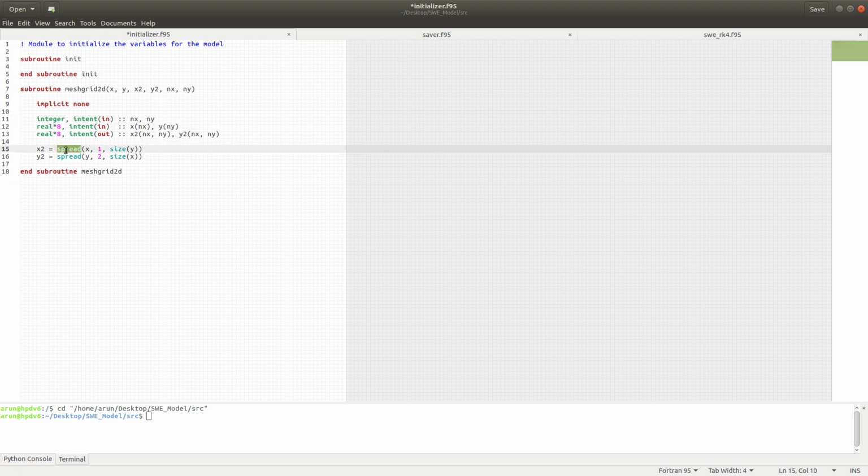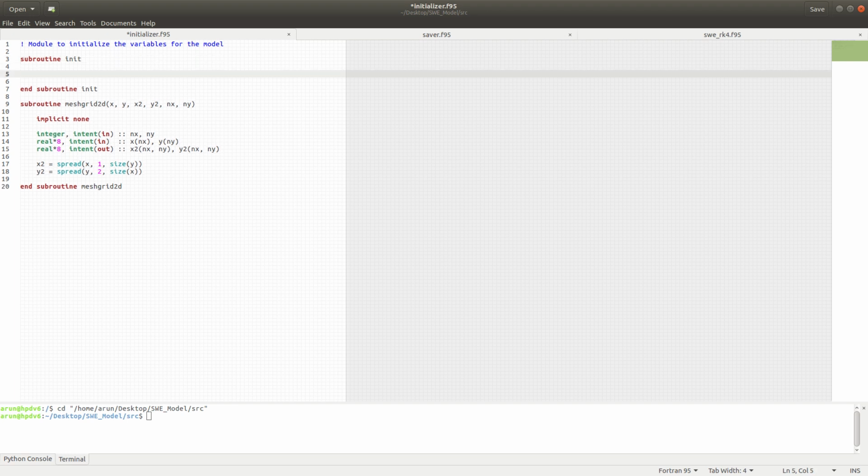And this command over here, spread, is a very handy program that's going to generate the coordinates for you automatically. Now that's a minor detail.